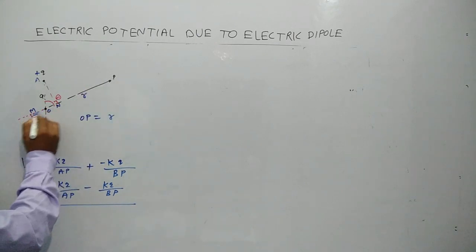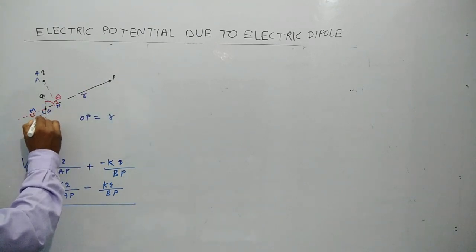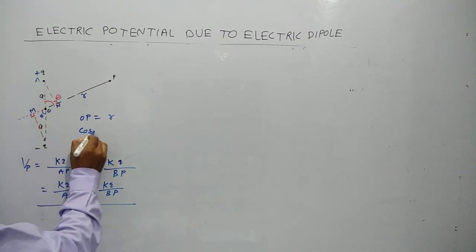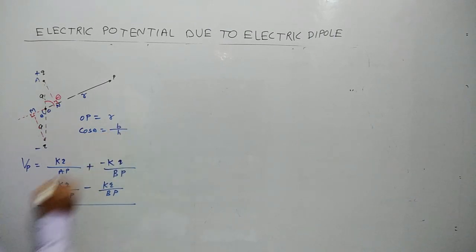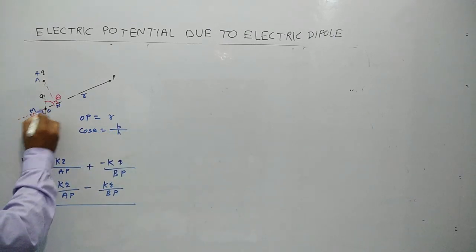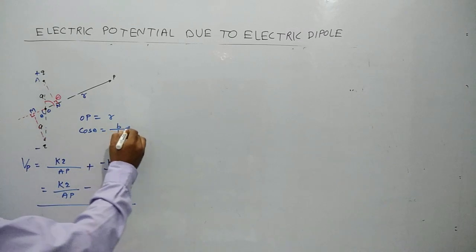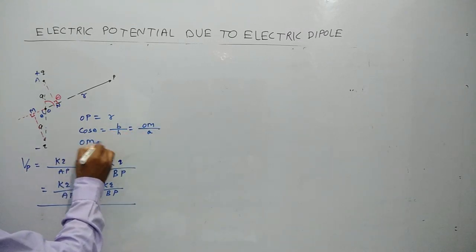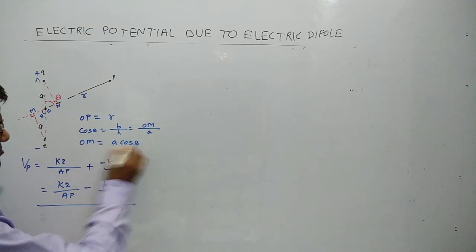And if this one is theta, this one is also theta, and in this triangle, this is the hypotenuse. As you know, cos theta is equal to base by hypotenuse. Base is this OM, and hypotenuse is A. Then OM equal to A cos theta.